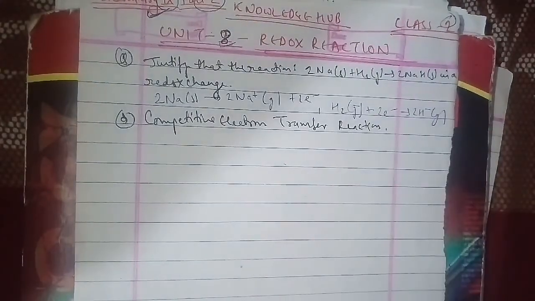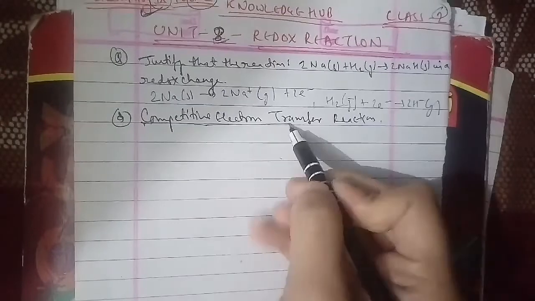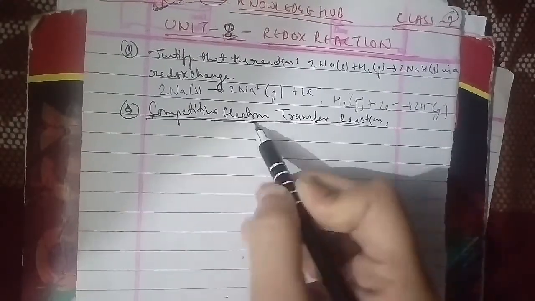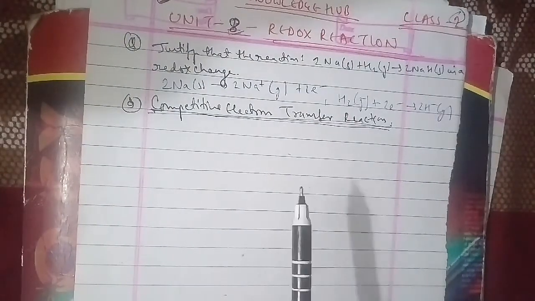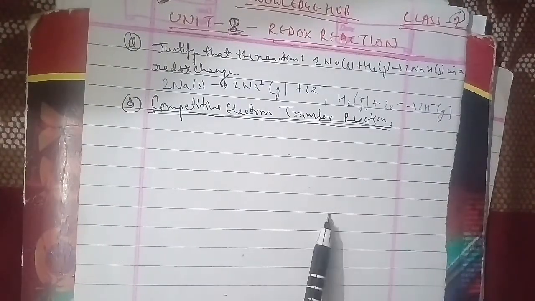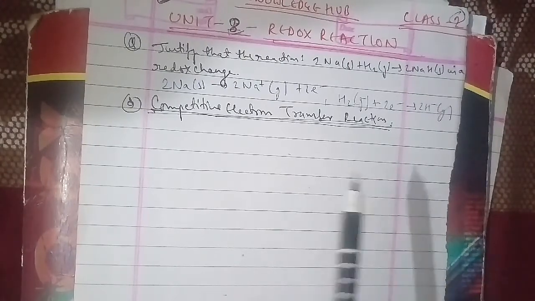Here you place a strip of metallic zinc in an aqueous solution of copper nitrate, and after about 1 hour you may notice that the strip becomes coated with reddish metallic copper, and the blue color of the solution disappears. The formation of Zn2 plus ions among the products can easily be judged.